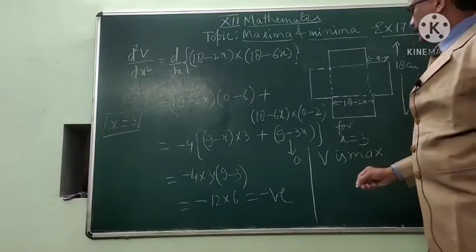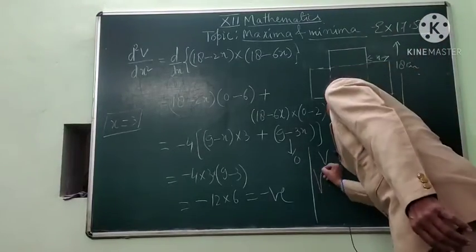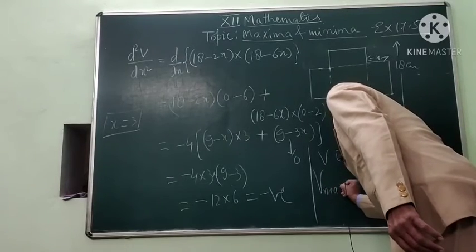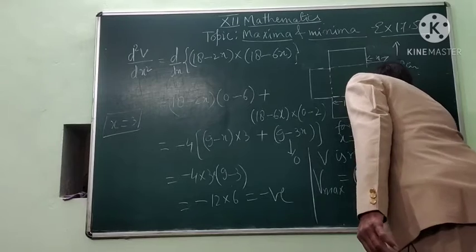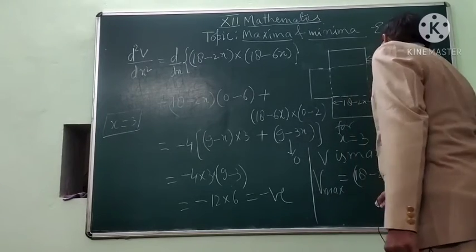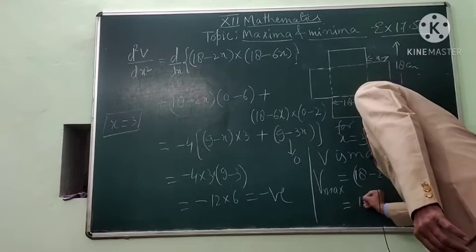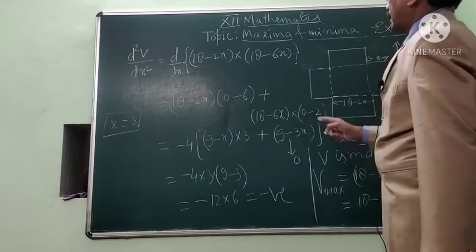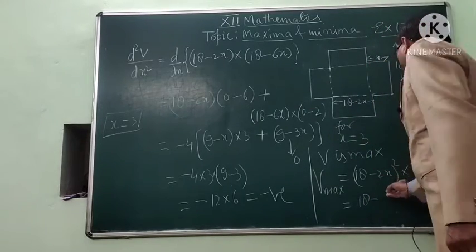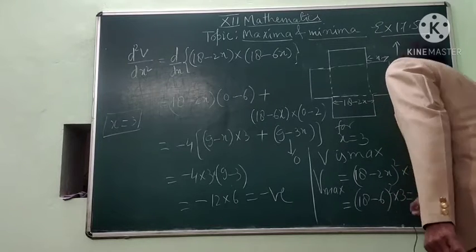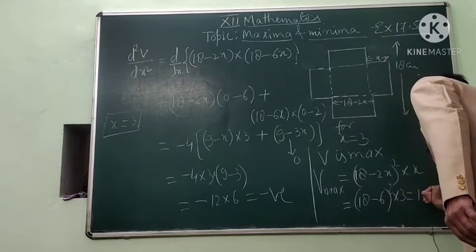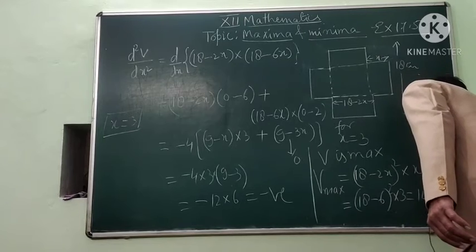If we find the maximum value, then V max equals (18 minus 2x) whole square into x. X is 3. So it is (18 minus 6) square into 3. It is 12 square, 144 into 3.